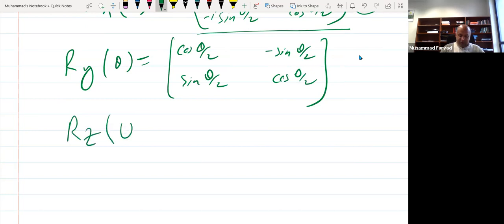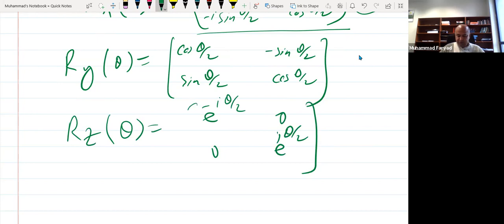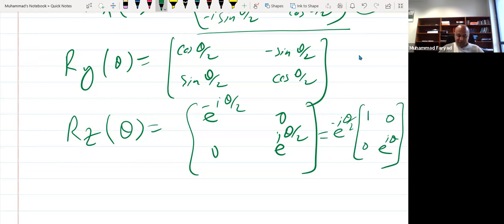Similarly, the rotation around z axis is exponential minus iota theta by 2, 0, 0, exponential iota theta by 2. So this is the rotation around z axis, and I can write it by taking this minus iota theta by 2 common, putting 1 here, 0, 0, and this becomes exponential iota theta. And you see that this rotation around z axis is essentially this matrix 1, 0, 0, exponential iota theta with this global phase exponential minus iota theta by 2.